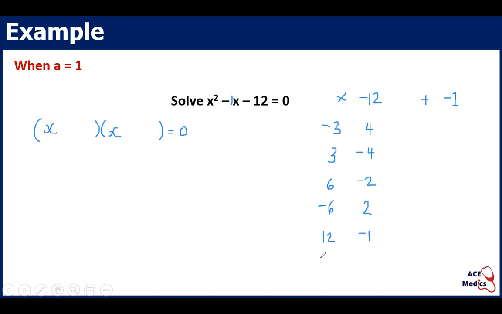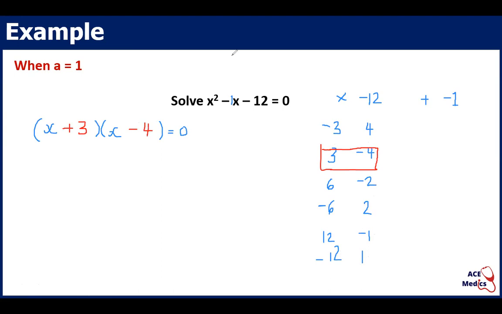Or it could be minus 12, sorry, and 1. Now, out of all of those different options, one of those pairs has got to add to make minus 1. And in this case, 3 take away 4 is minus 1. So we know we're going to have plus 3 and a minus 4.